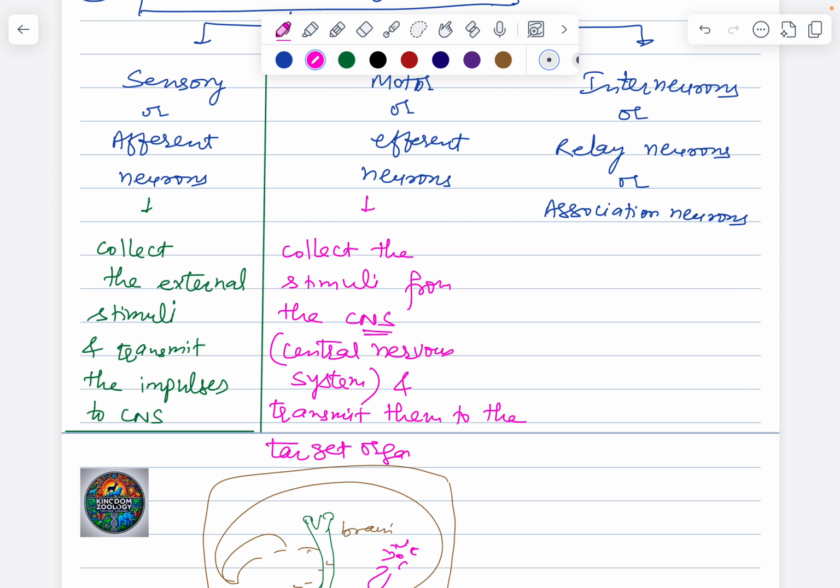Who are the target organs mostly? The muscles. So neurons that begin from your brain and bring the information to your muscles, what type of neurons are those called? Motor neurons.